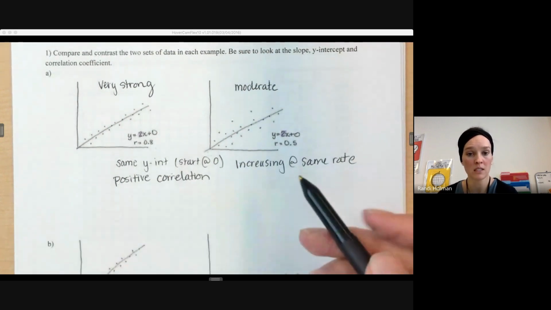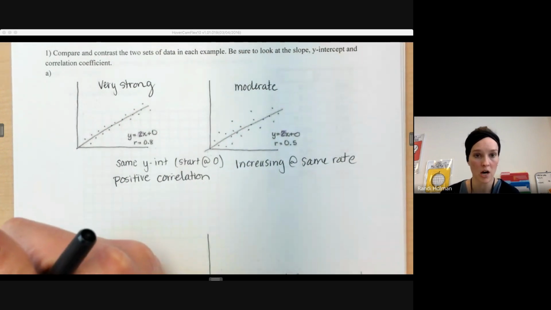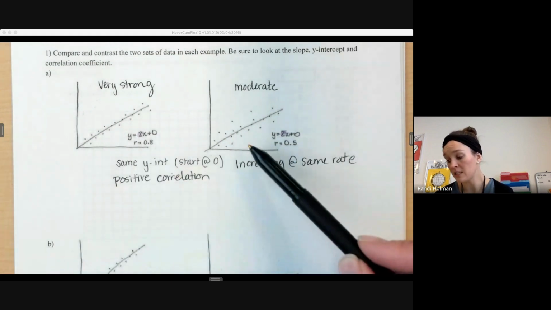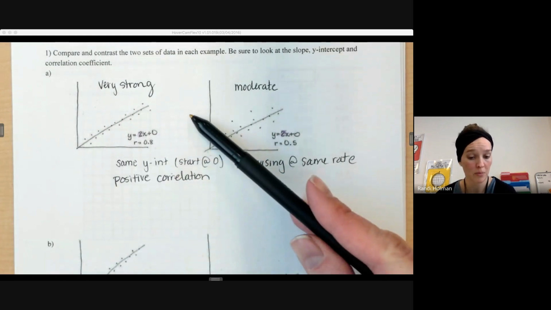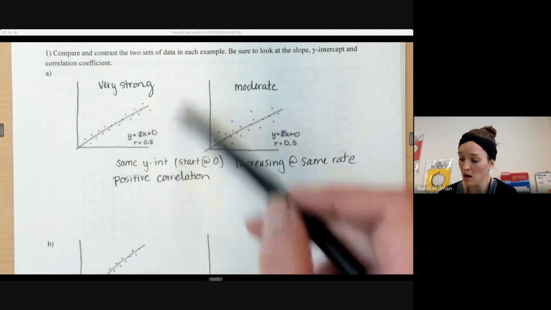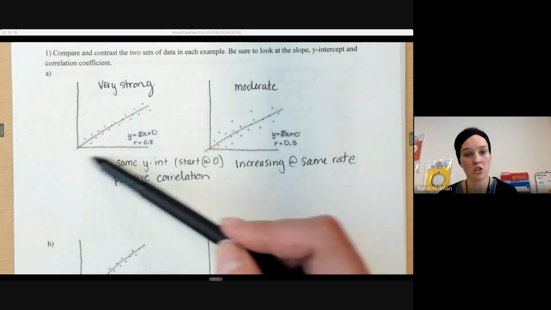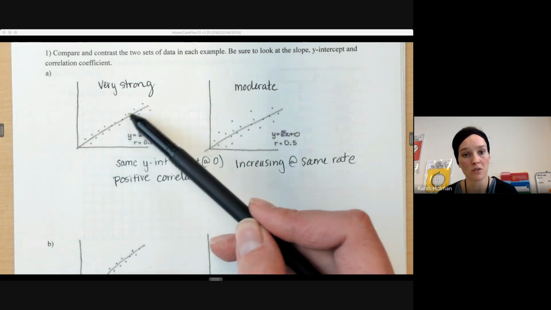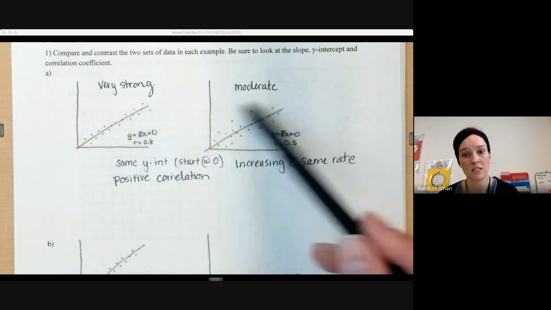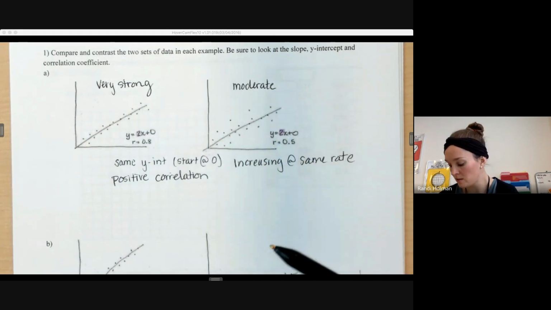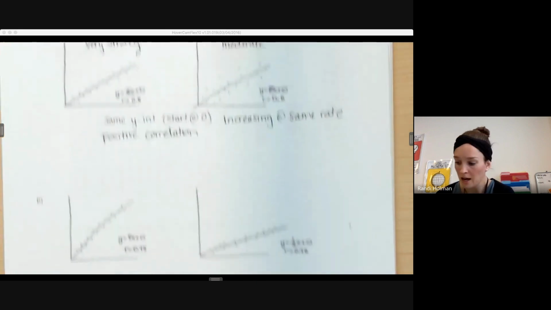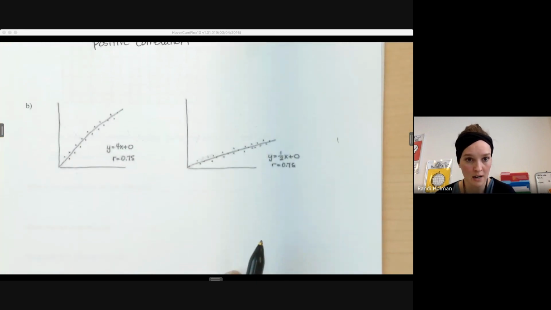They both have positive correlation. They both start at 0. They both are increasing at the same rate, that's seen in their slope there. But this model here more strongly fits the data than this model because this is a very strong correlation. You can see our points here are a lot closer to following that line versus these points here, a little more spread out.